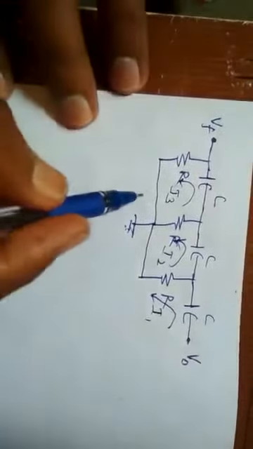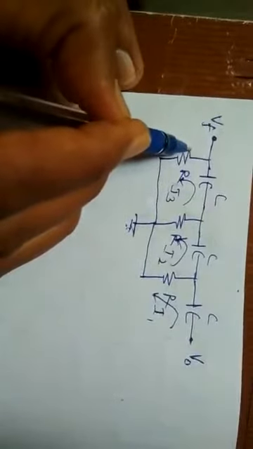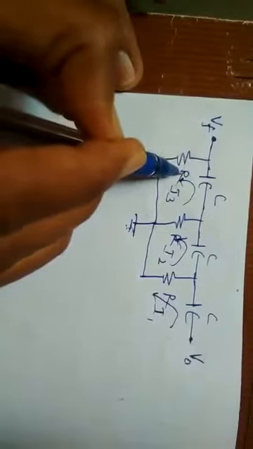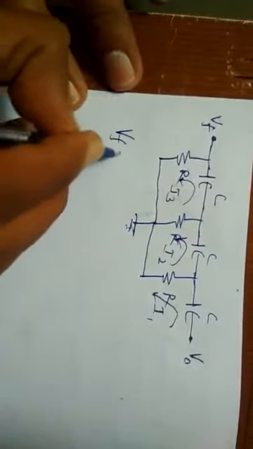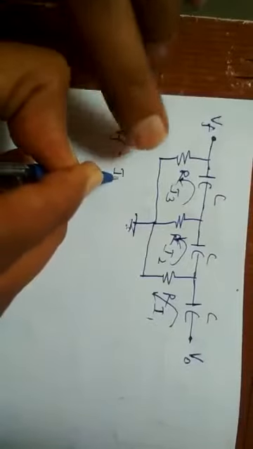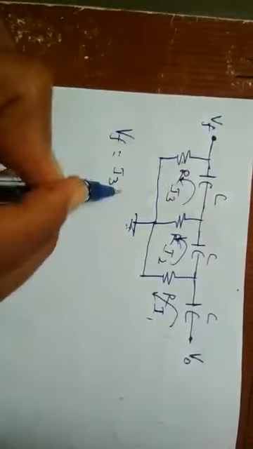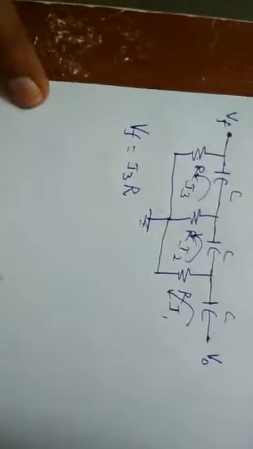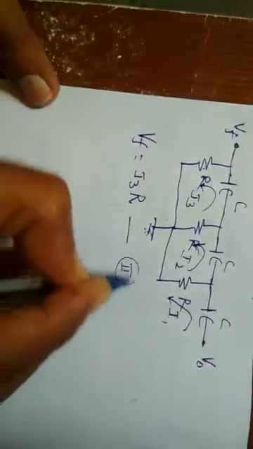Here we have to consider one thing. VF is taken across the drop of this final R, so we can directly take VF equals the current in the third RC pair, I3, times R. Name this as equation 2.